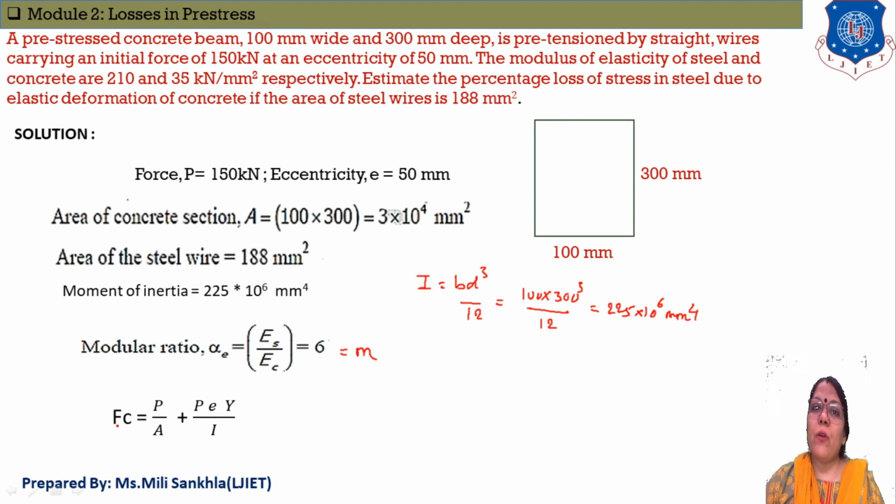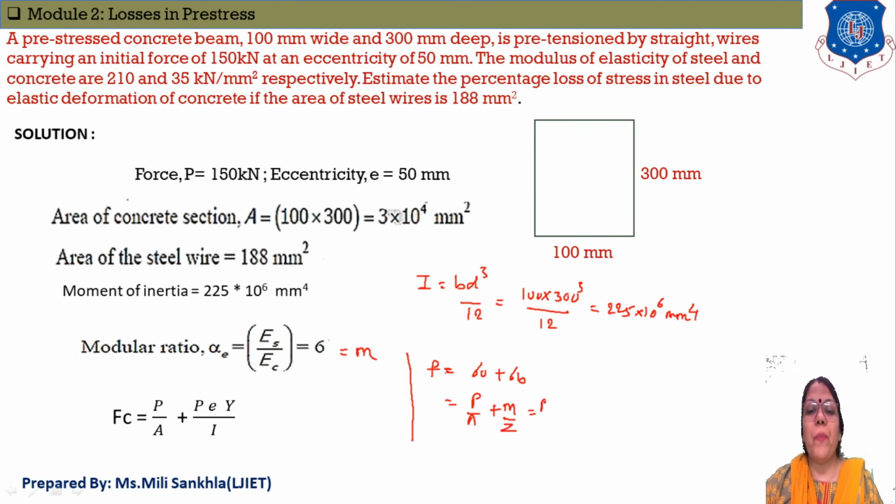Now finally we find out our stresses. Fc is equal to, now you know the equation, F is equal to the summation of direct stress plus bending stress, and direct stress is equal to load divided by area, and bending stress is equal to M by Z. Now P by A plus bending stress, where M is equal to P into eccentricity, and section modulus Z is equal to I by Y. Clear?